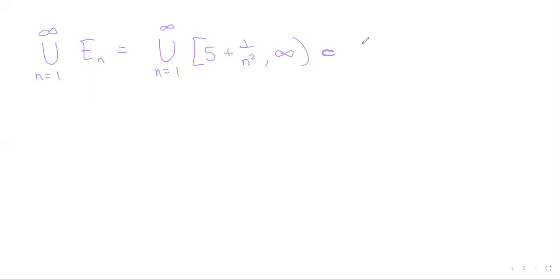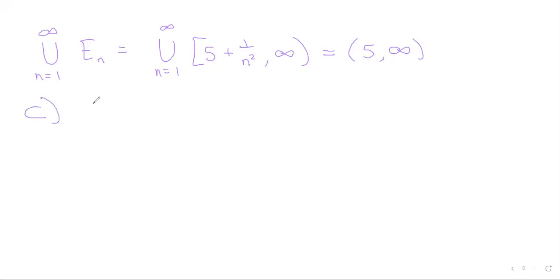We're working on the proof now, so this would be the first one. Is equal to 5 to infinity. And so our first proof will be a subset in this direction.